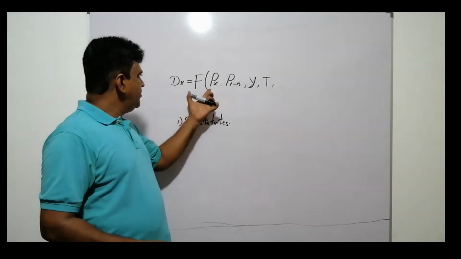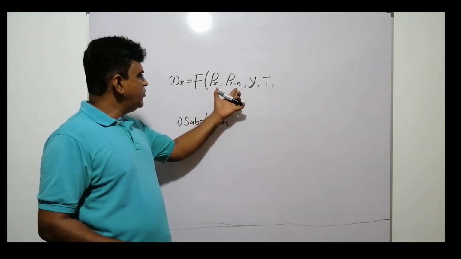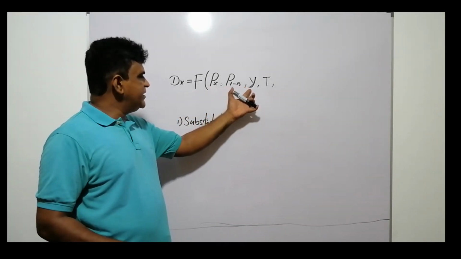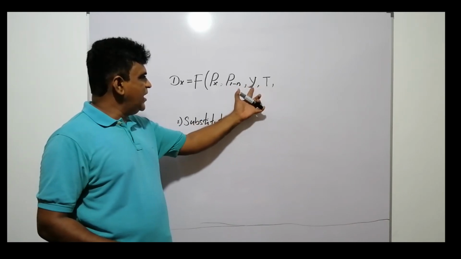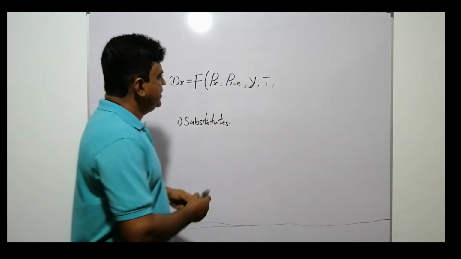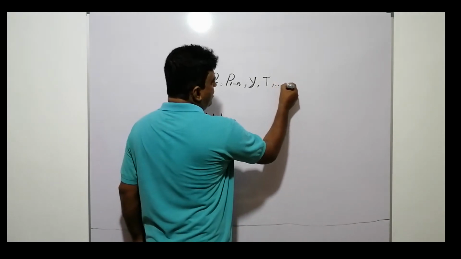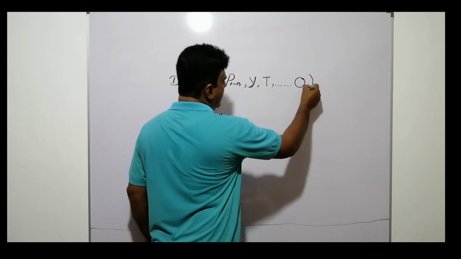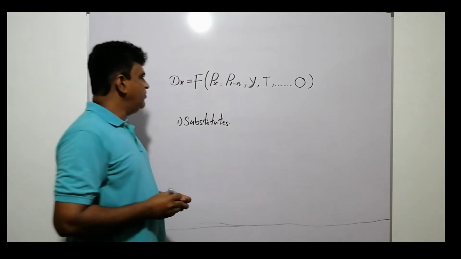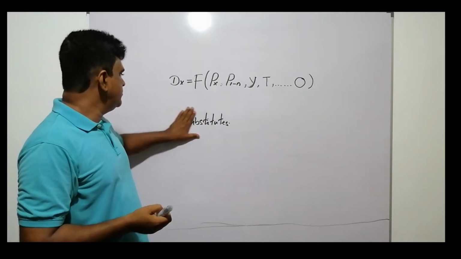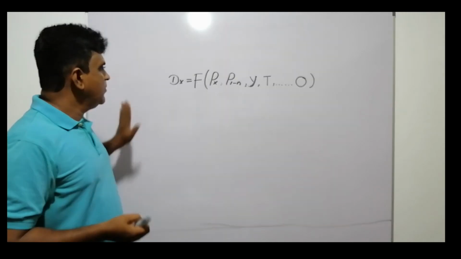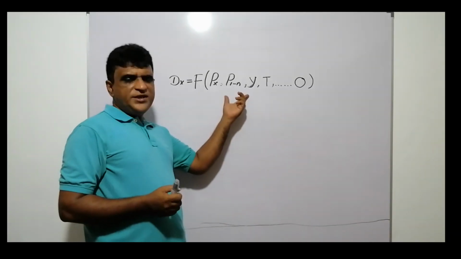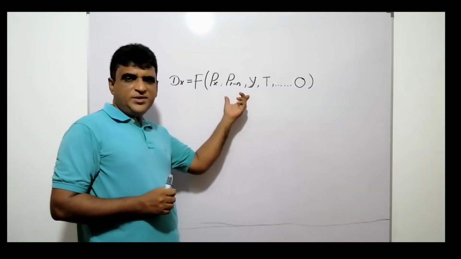Then PX, P1 to PN, Y is the income, taste, and so on, others. There are many products. But anyhow, this is the demand function.